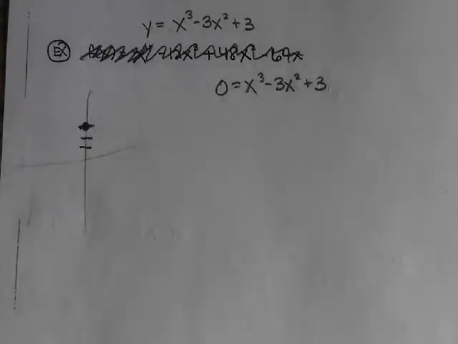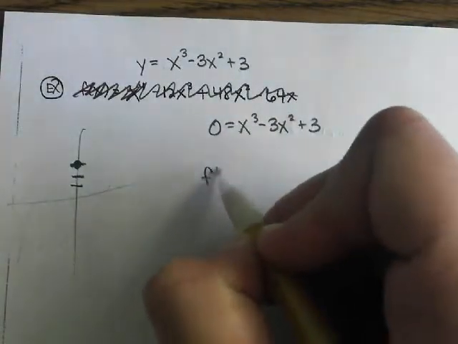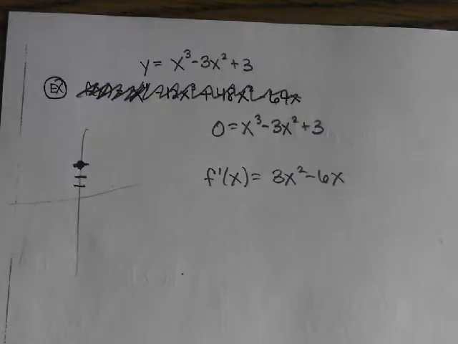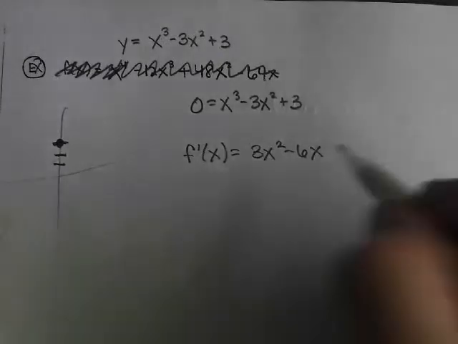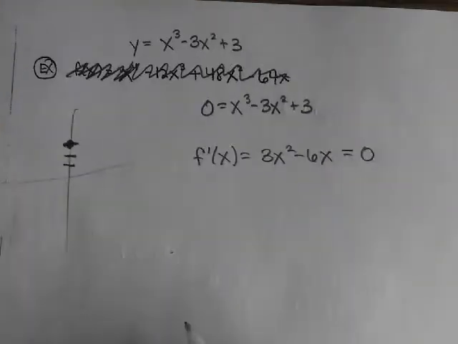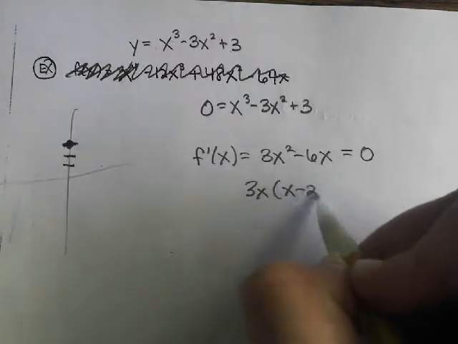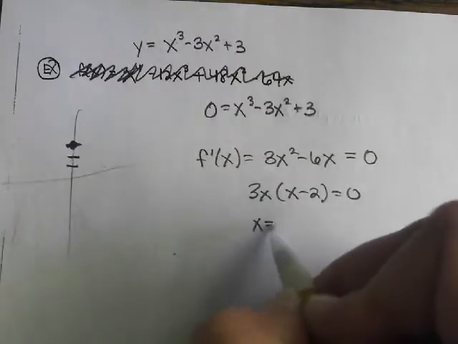when does this equal 0? Now I can factor it. I can pull out a 3x, and I have a relative something at x equals 0 and x equals 2, and I'm about to find out what. At negative 1, is my derivative positive or negative?